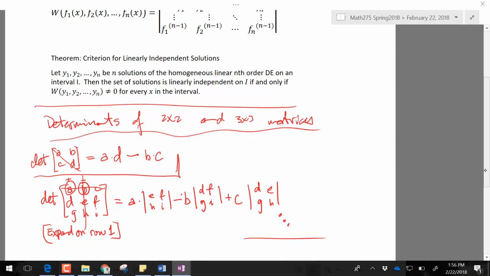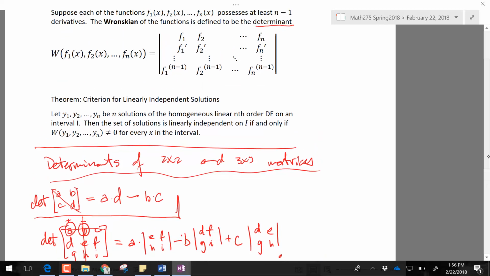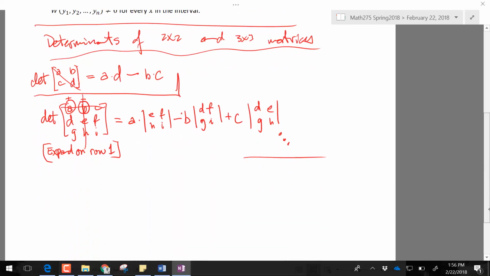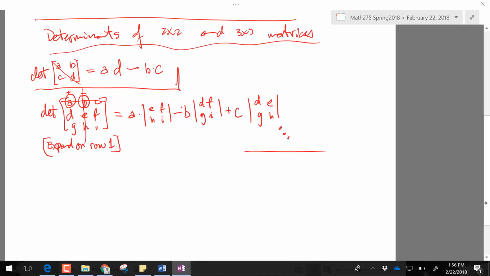Because the Wronskian is going to be the condition that we take to make sure that our functions are linearly independent.